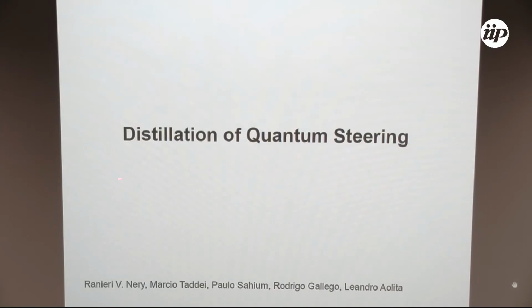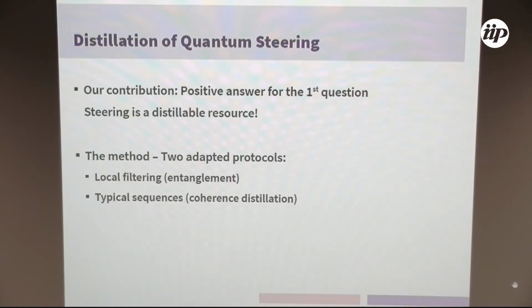So here for my first work that I'm going to present, I have shown the notion of distillation. It was work done in collaboration with Márcio Tadei, Paulo Sayum in the experimental part, Rodrigo Gallego, and Leandro Olita. So here we showed that quantum steering is actually distillable.